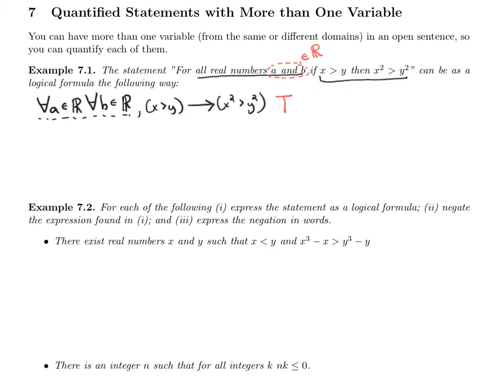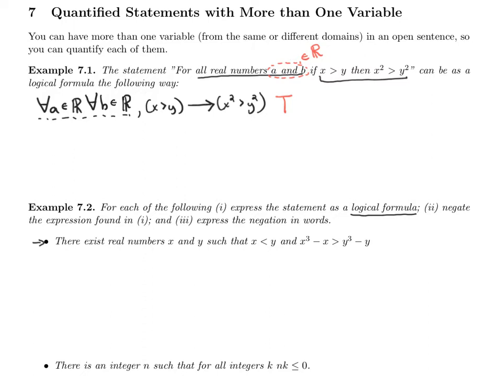Let's look at the next example here. What we want to do in this is three different things. First of all, we want to take this English sentence and express it as a logical formula. Then we're asked to negate it, so tell us the negation of it. And then express the negation in words.